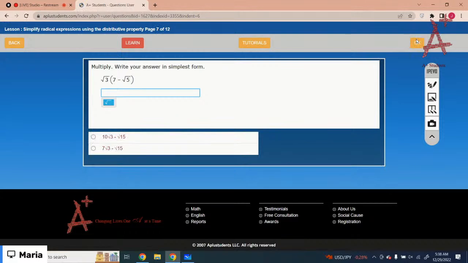Okay, so which of the option is the correct one? Multiply, write your answer in simplest form. So which of the option is the correct one? That would be the second one. 7 square root 3 and negative 15 square root. Got it?